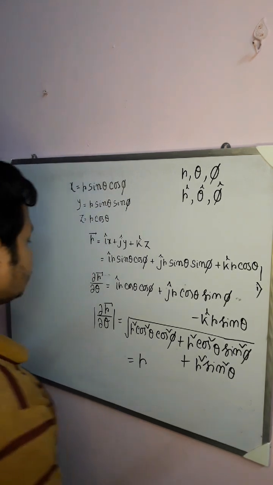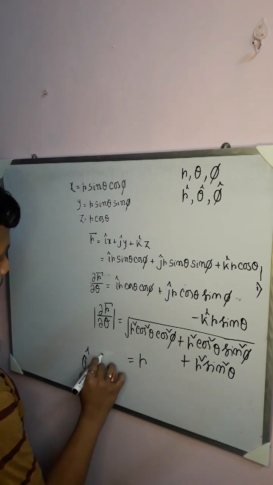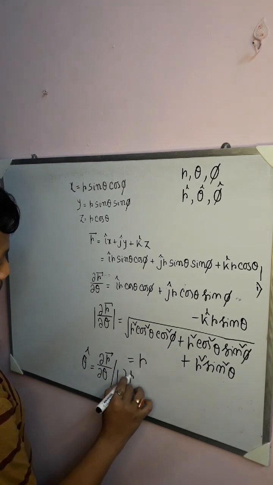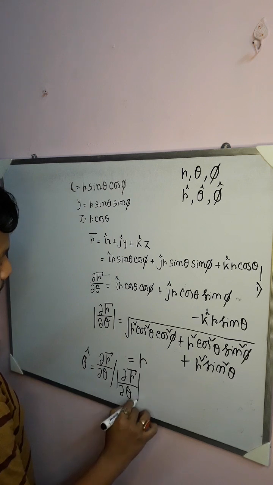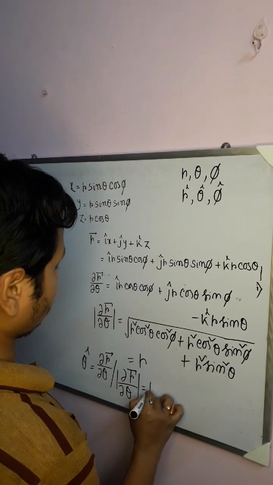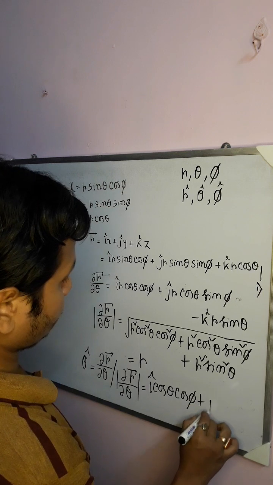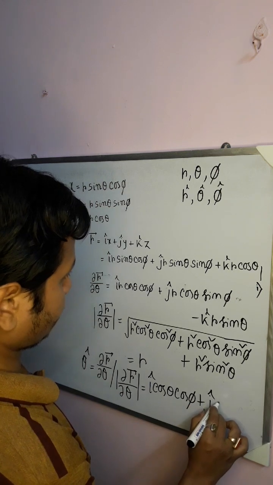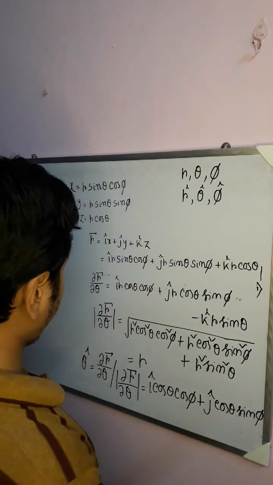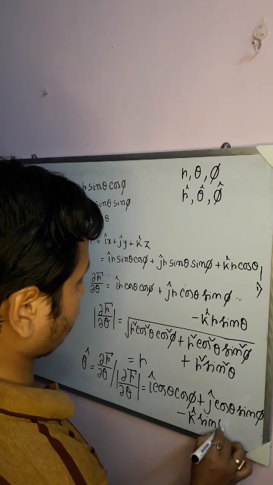So what will be the value of theta cap? This is del r by del theta divided by mod del r by del theta. So dividing by r, this is simply i cap cos theta cos phi plus j cap cos theta sin phi minus k cap sin theta.